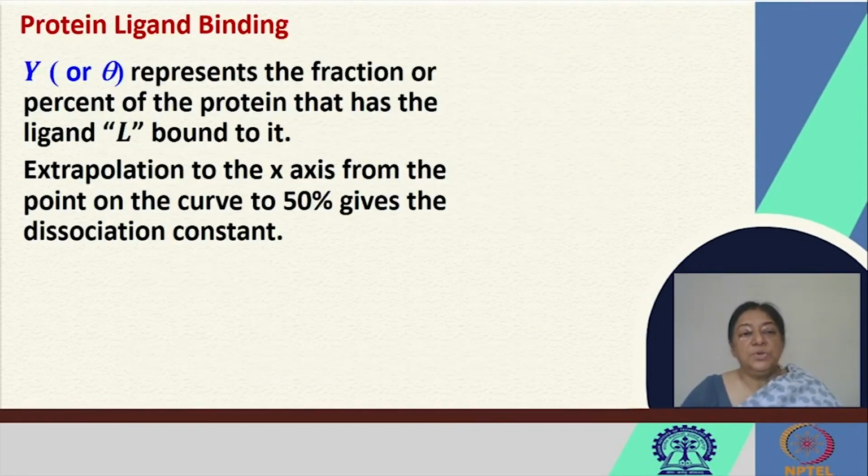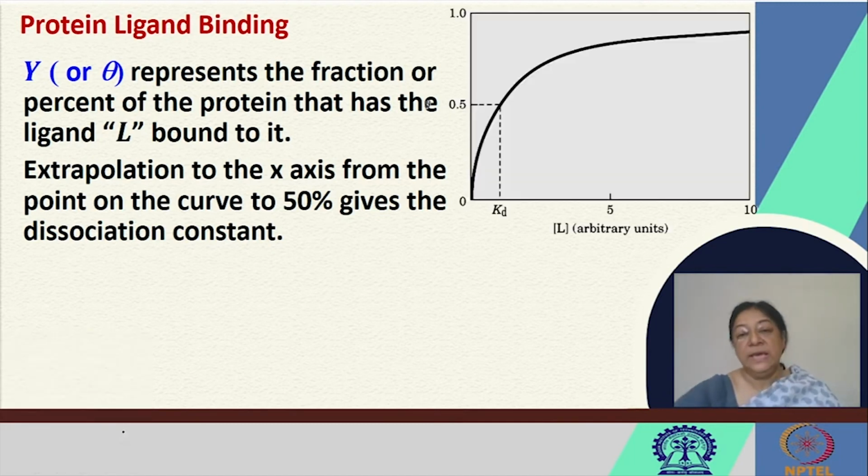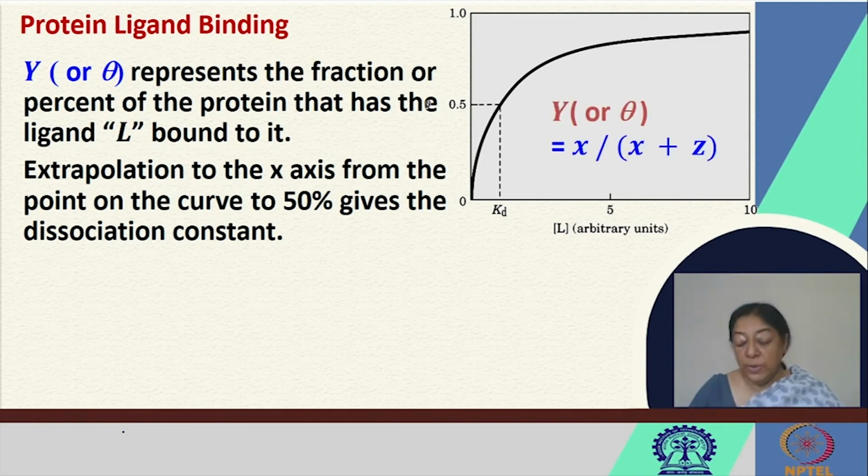Let us look at protein ligand binding from a different perspective, in understanding the fraction or the percent of the protein that has a ligand bound to it. So if we look at the specific way in which we have the ligand bound in the specific binding curve, we understand that when the fraction bound reaches 0.5, we have the value of our dissociation constant.